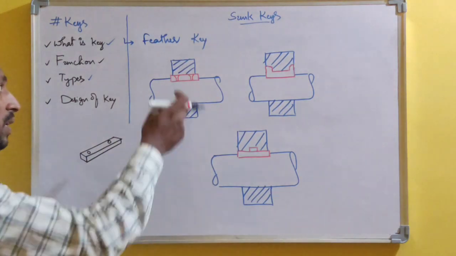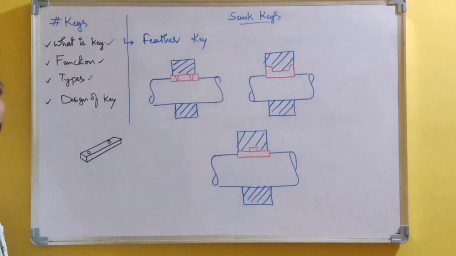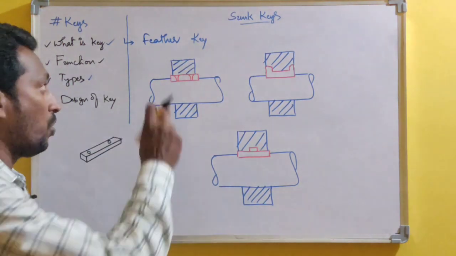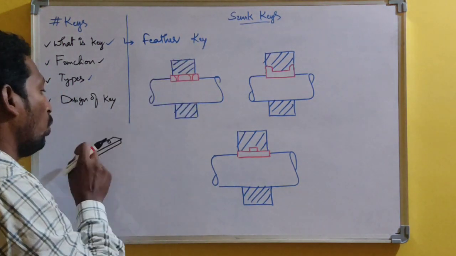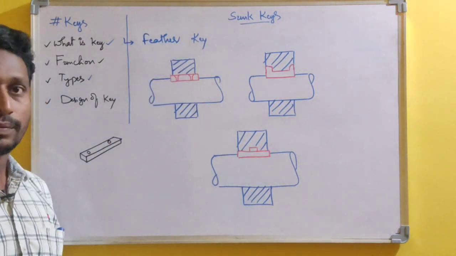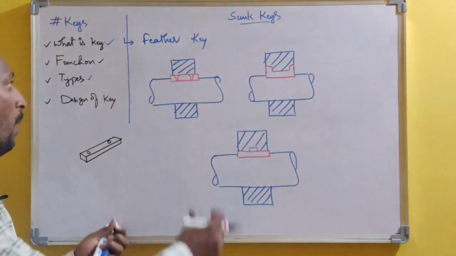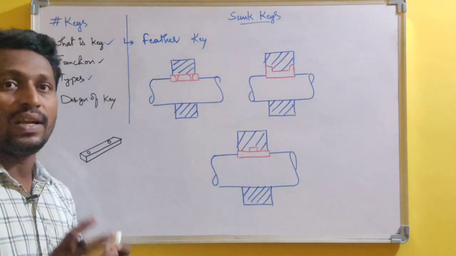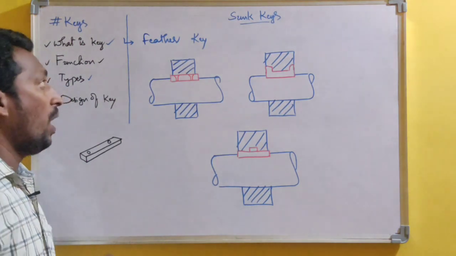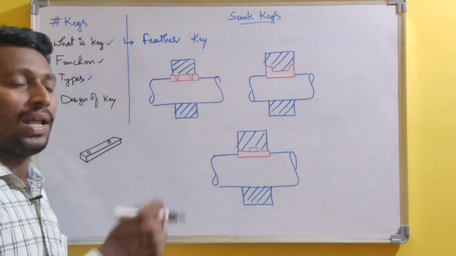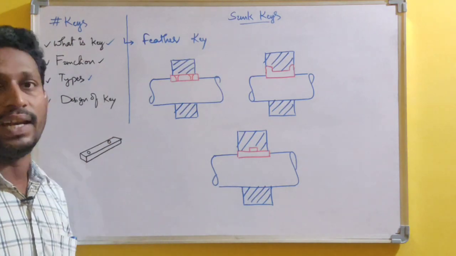Sometimes this key may slip from this joint, so in order to avoid such slip from the entire joint, we will make two holes on the key and we can insert the screws. So by fixing this key tightly with this joint, it will provide high strength, and it can be used for transmitting the power in axial manner and also tangentially.